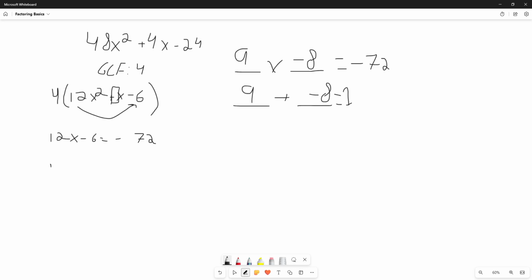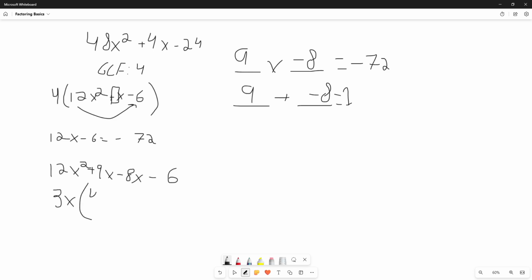So now we can do 12x squared plus 9x minus 8x minus 6. Now you can factor. So take out the 3. Sorry, there's an x squared here. Now we can do 3x multiply, right?